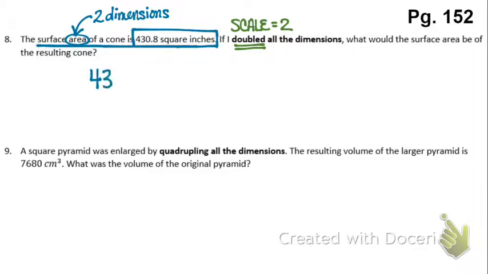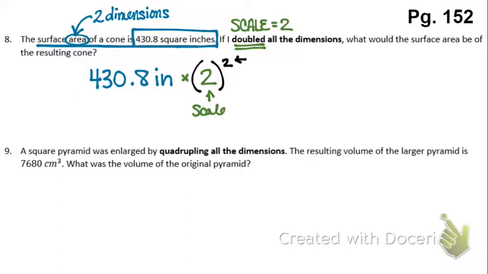430.8 inches squared times 2 squared. Yes. Times 2 squared. We have our scale here. We have our number of dimensions here.